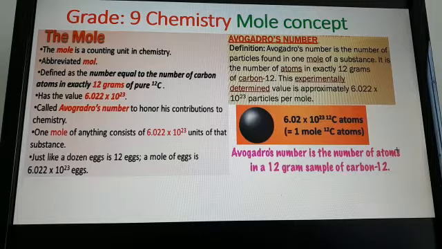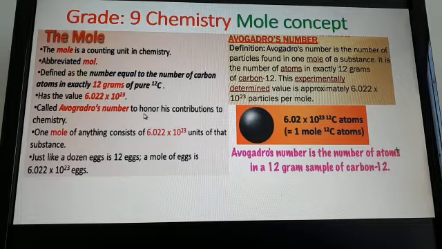Once again, a mole of a substance is the amount that contains as many elementary units as the number of atoms in 12 grams of carbon-12. It has a particular value, that is 6.022 × 10^23. This value is called the Avogadro number or Avogadro constant.